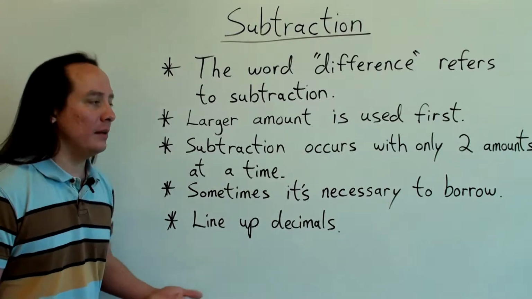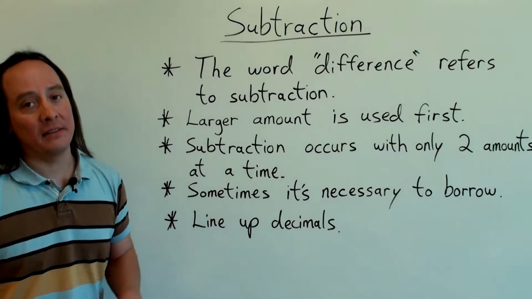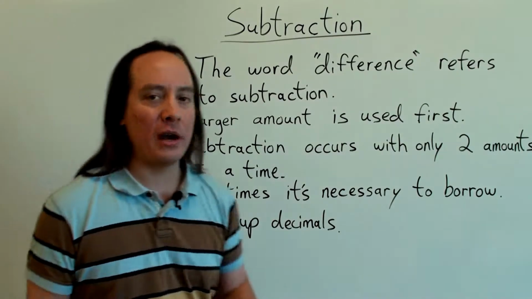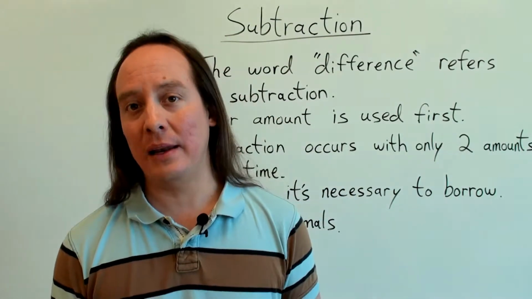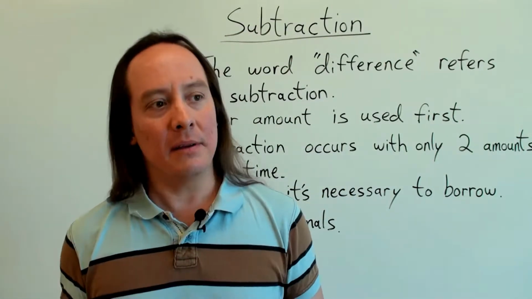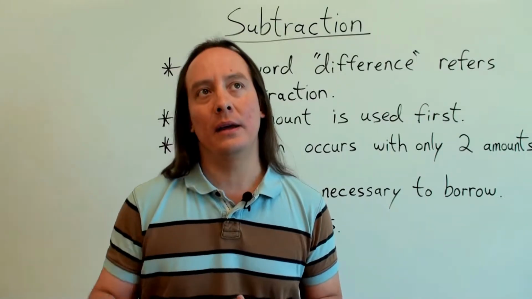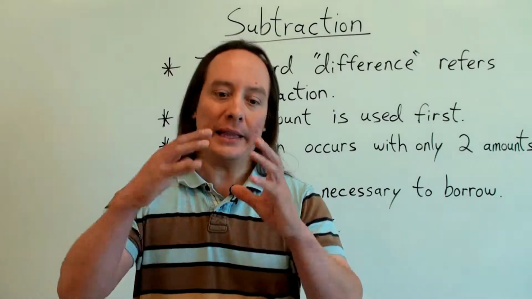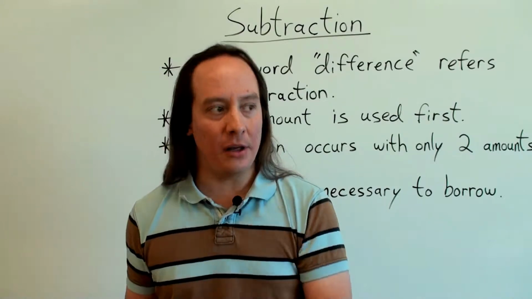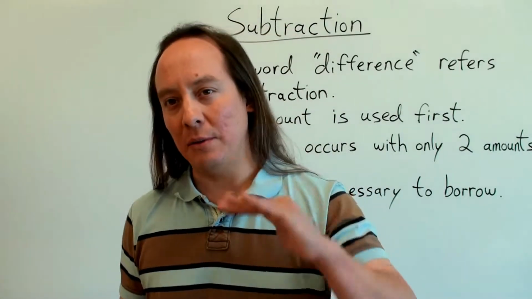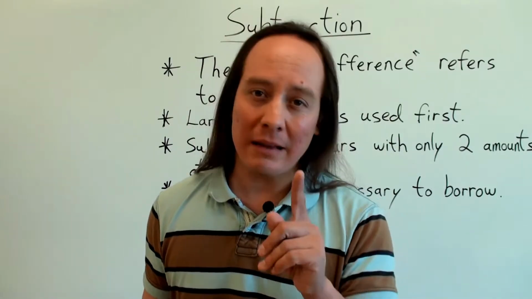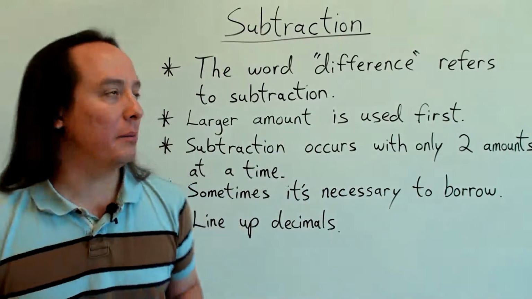So subtraction occurs with only 2 amounts at a time. So in other words, you can't subtract 3 things at once. It just doesn't work like addition. In addition, yeah, we can add 3 numbers at the same time. But in subtraction, you can only really subtract 2 amounts. You can get that answer and then maybe subtract it from another amount, but you're never going to have a problem that has 3 subtractions at the same time. So that's another clue if you're doing a word problem, right?